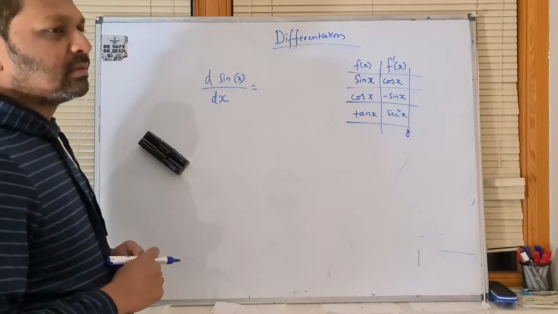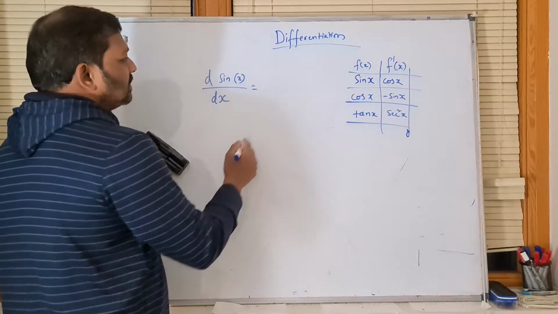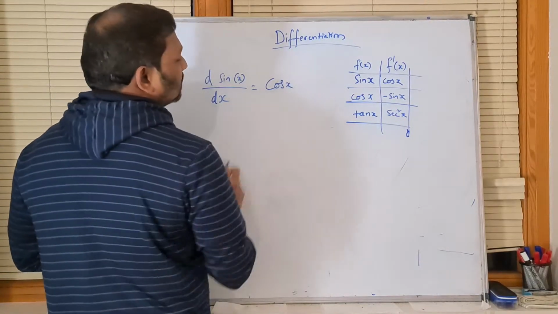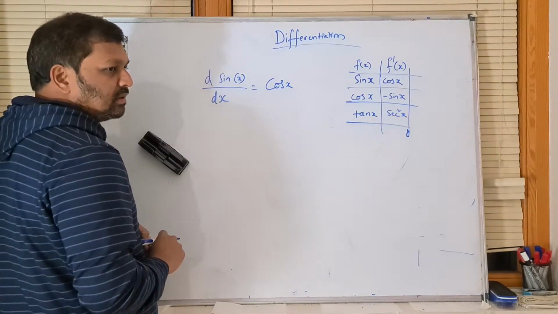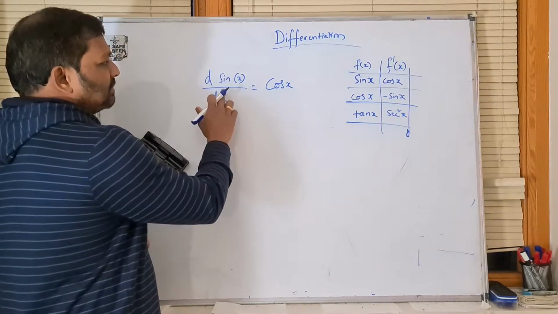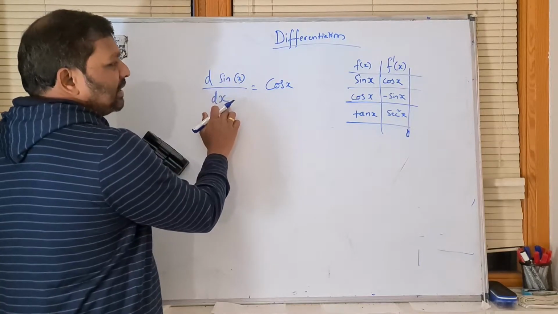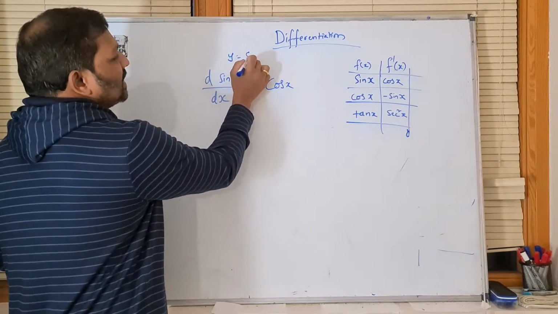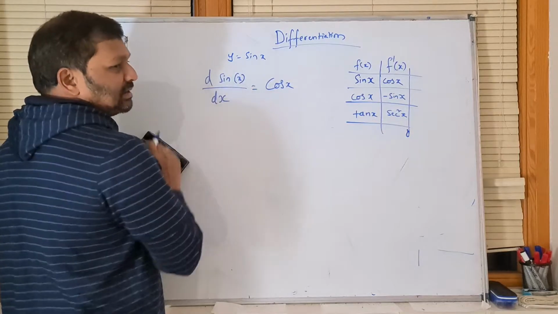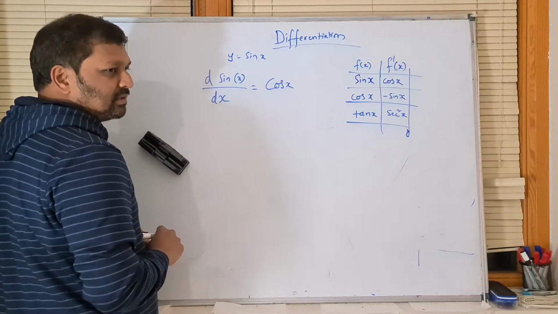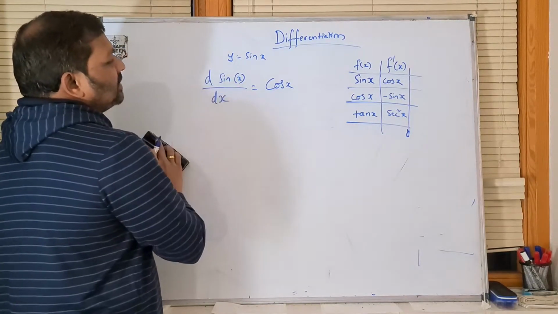Differentiation of sin x is cos x. Exactly. That's it. There are a number of ways, but instead of putting dy by dx, instead of defining y as sin x, I directly put sin x here.